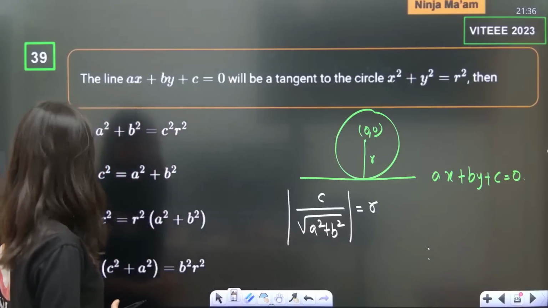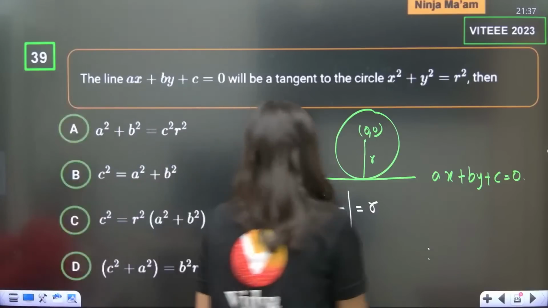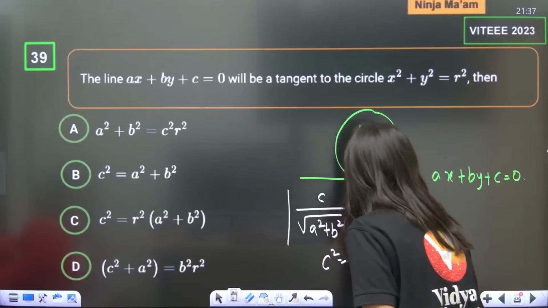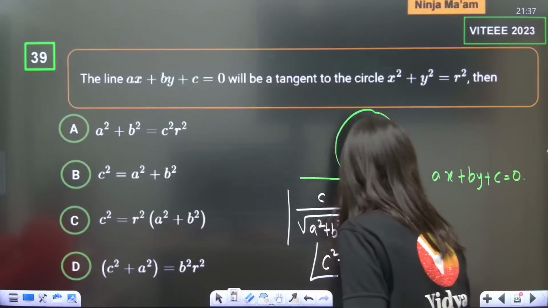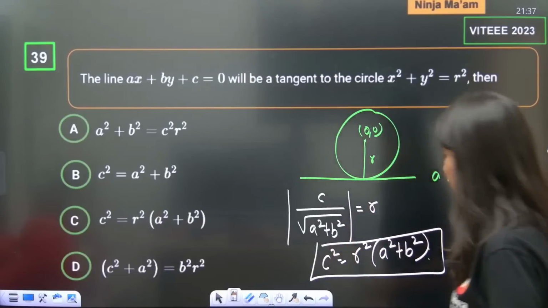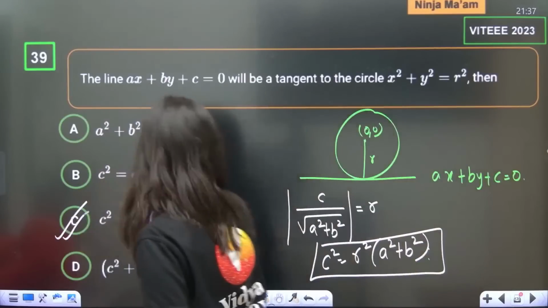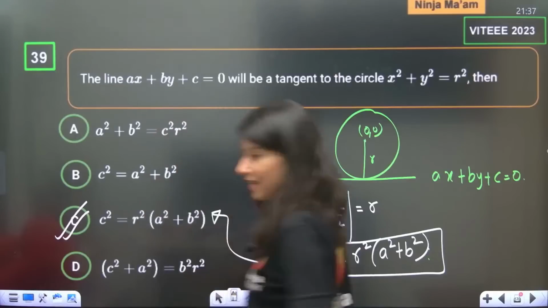Now square it. So C square is equal to R square times A square plus B square, which is matching with option C, everybody.